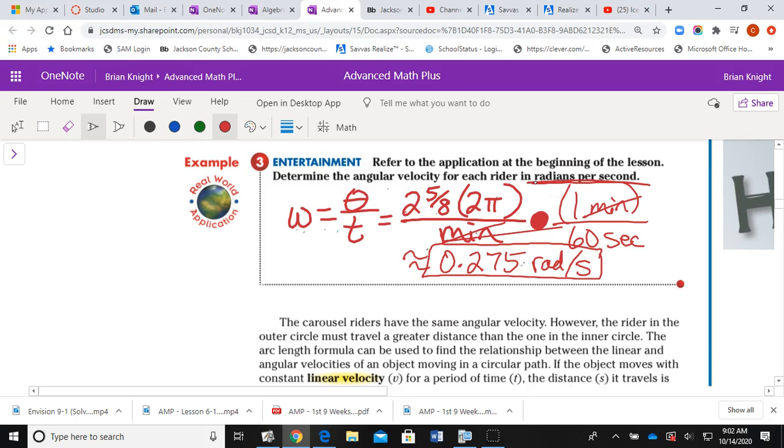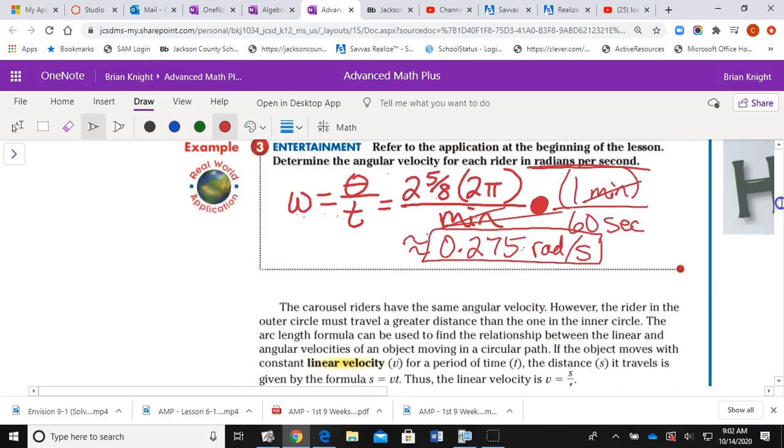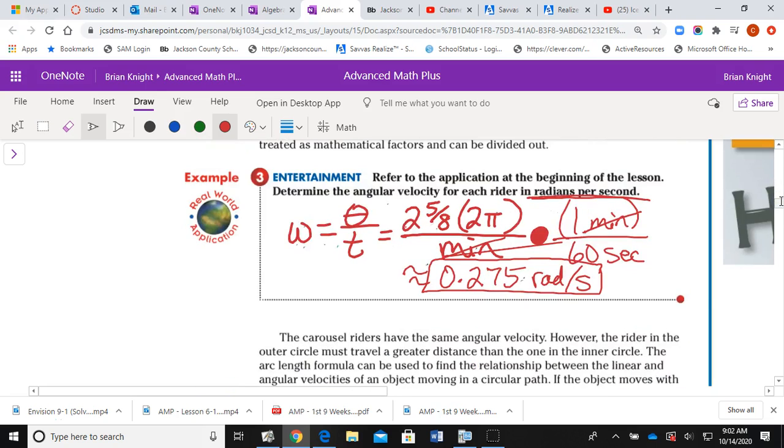All right, let's talk about linear velocity. Oh, I'm sorry. Yeah. They're still going?